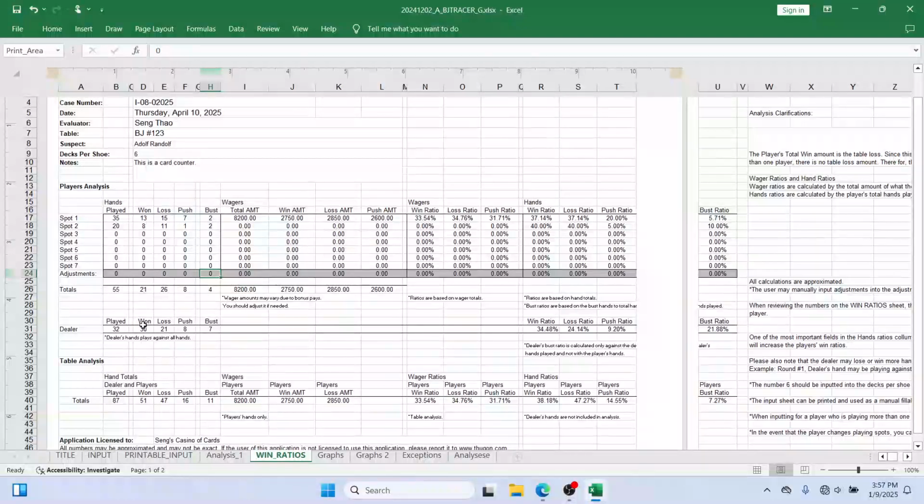Is it because the dealer's bust ratio was too high, and that was the reason that blackjack game lost 20-30 grand that night? So it helps explain that to upper management.